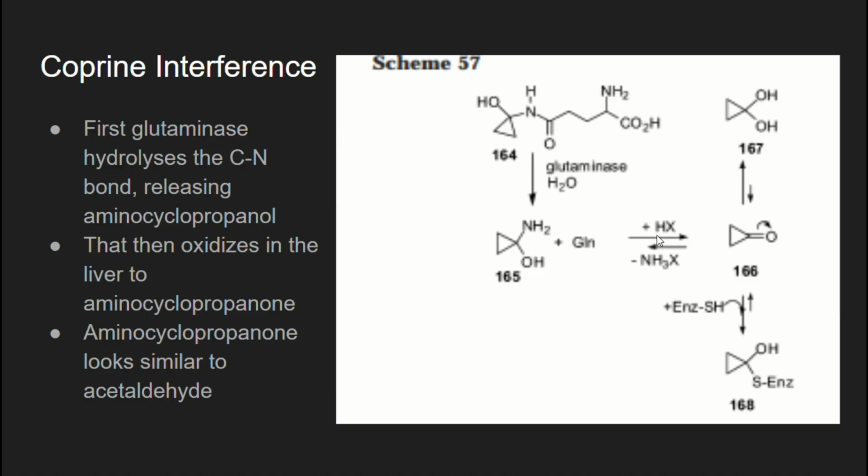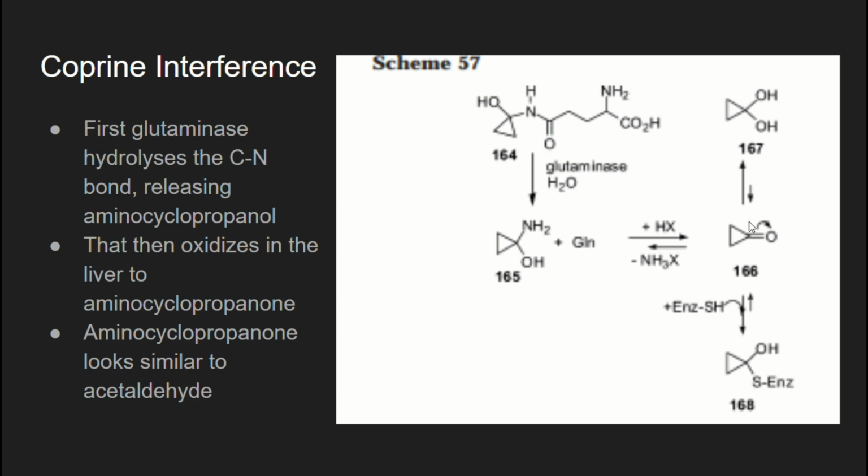And then this is going to react with acids and bases in the body, and it's going to form not amino anymore. It's going to form 1-cyclopropanone. It's going to rapidly interconvert between 1-amino cyclopropanone and this hemiacetal, cyclopropyl hemiacetal.